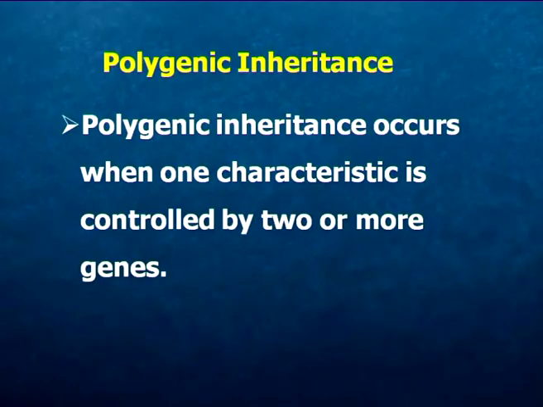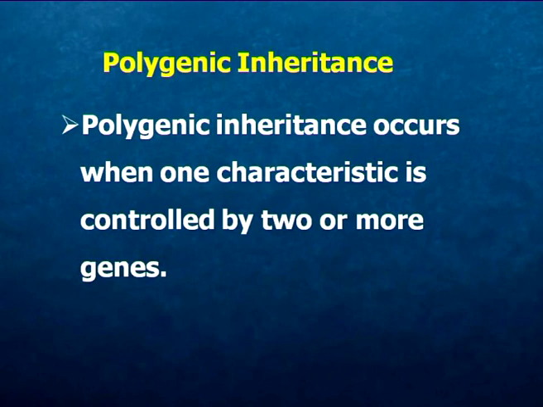Now, this is another interesting genetic inheritance, which is called polygenic inheritance. It is just the opposite of pleiotropy. You learnt that in pleiotropy, a single gene determines the expression of two or more characters.